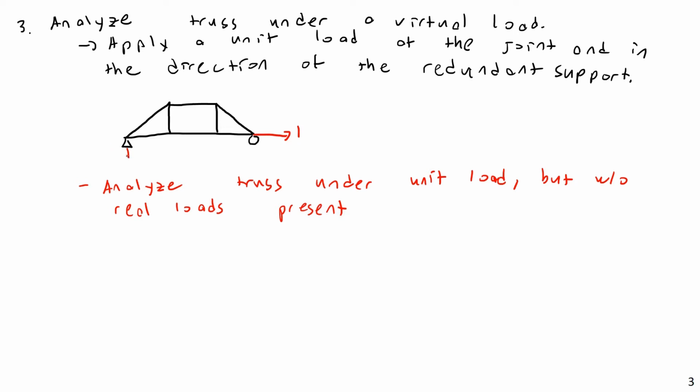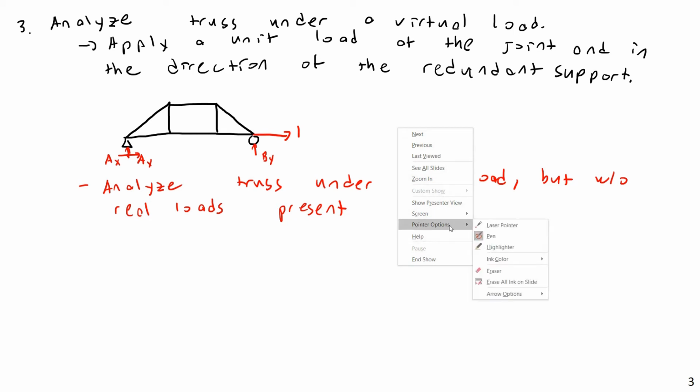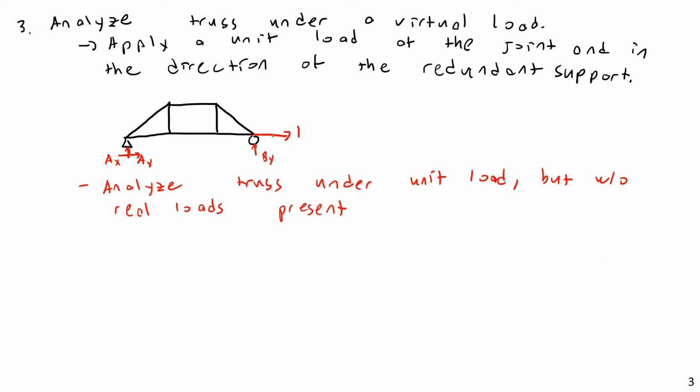So I would have reactions AY and AX, and then I'd also have reaction BY here. And I would get some deformed shape that would look very similar, although just for consistency, maybe I'll show this as being much less deformed. And so maybe then I have something kind of like this, maybe like this.